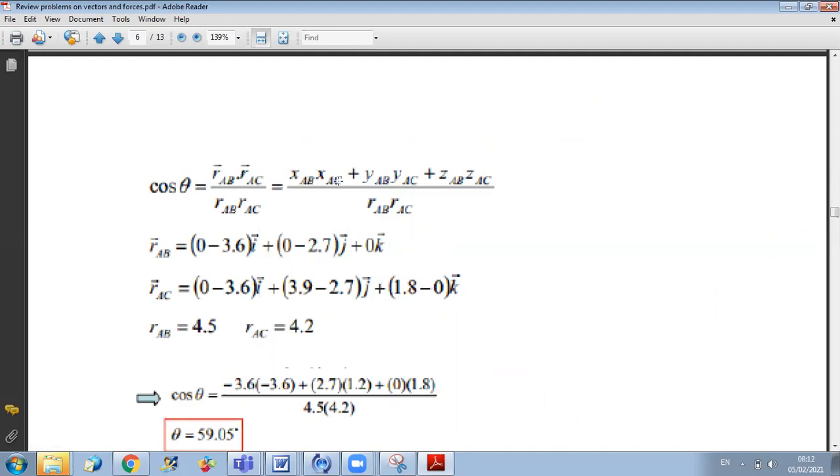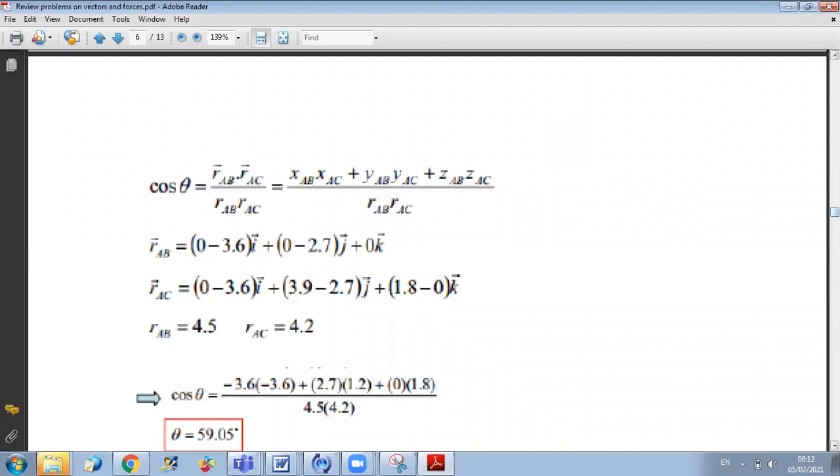So it's XAB times XAC plus YAB times YAC plus ZAB times ZAC, and they obtain our same result. Of course, it's equivalent to do unit vector of AB dot unit vector of AC, or to do AB dot AC over magnitude of AB times magnitude of AC. So this is the result here, as we did together, and you can therefore calculate the angle theta between the two vectors. Any question on this part?